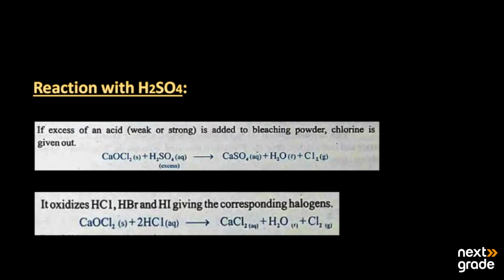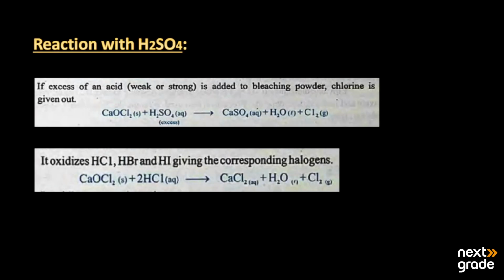Then we have its reaction with H2SO4 when it is in excess amount. When an excess of acid, which can be weak or strong, is added to the bleaching powder, there is a formation of chlorine.